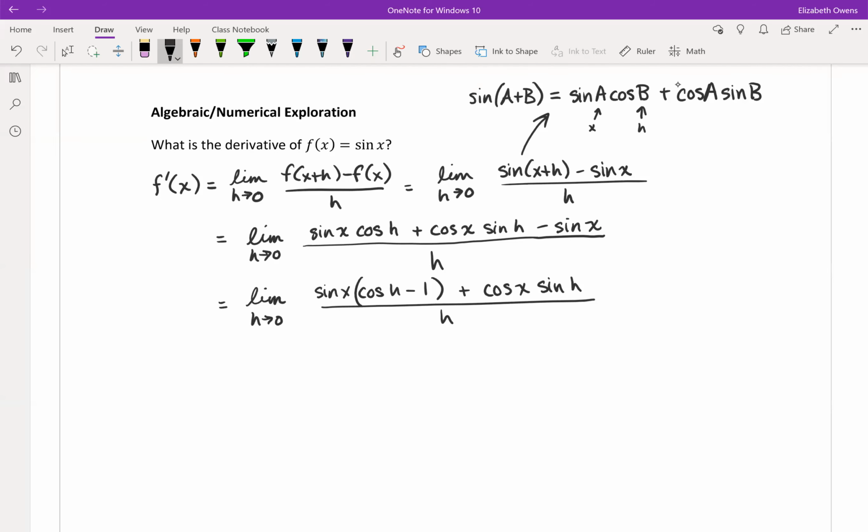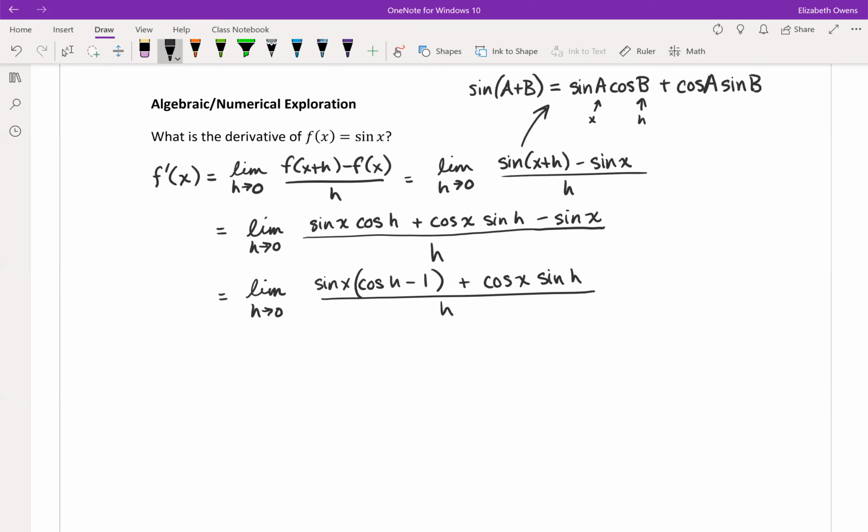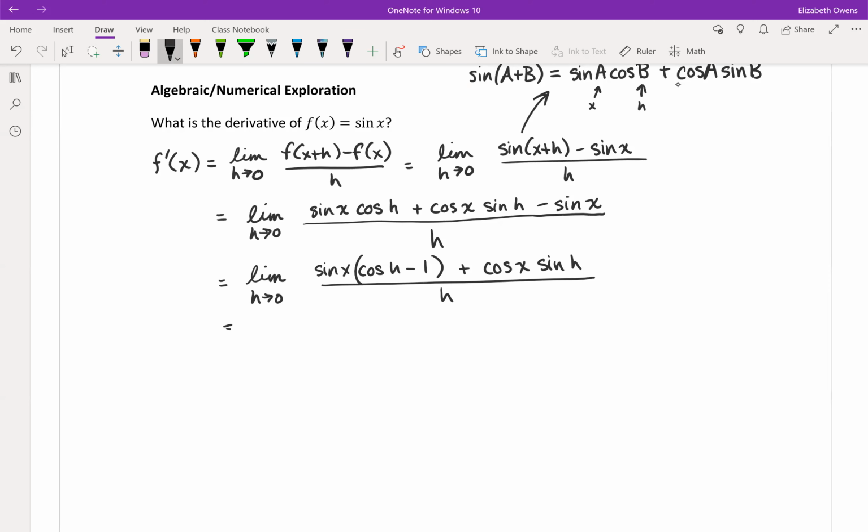And then we're going to split this fraction up into two fractions. All right, limit as h approaches 0, sine x times cosine h minus 1 over h plus cosine x sine h over h.